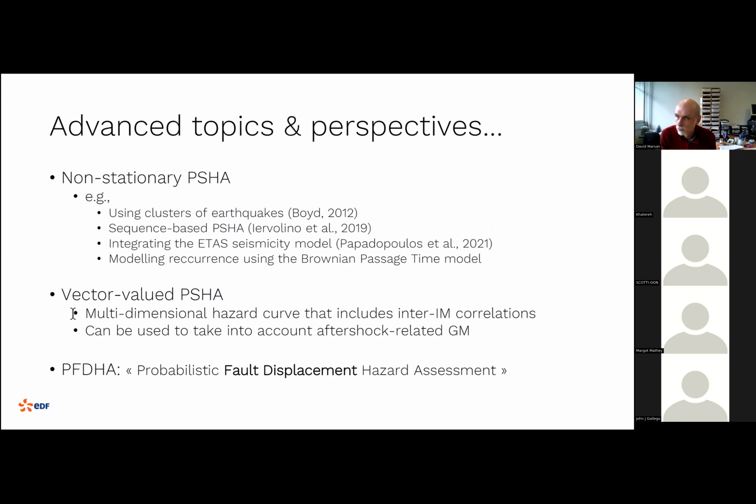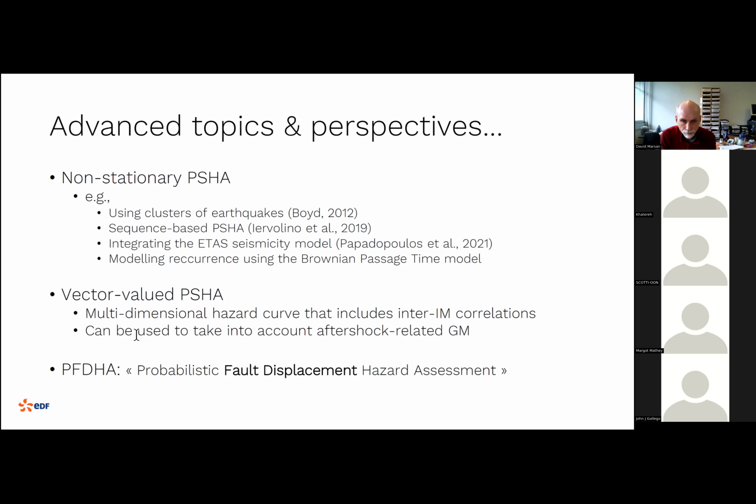There is also the topic of vector-valued PSHA, where the idea is to compute not only a single hazard curve, but a multidimensional hazard curve in order to include the correlations between intensity measures, for example, the correlations between accelerations at different periods. And this kind of framework also permits to do other, actually unexpected things, like accounting for aftershock-related ground motion in a PSHA study.